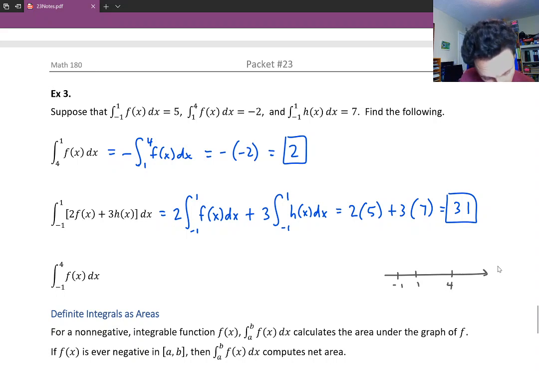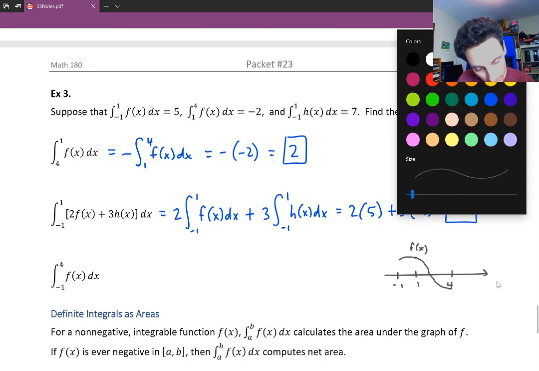And we know that right here from -1 to 1, we've got some area. And then from 1 to 4, the function has to be falling below the x-axis because we end up getting some negatively signed area overall. So there's more area below the curve than there is above the curve.